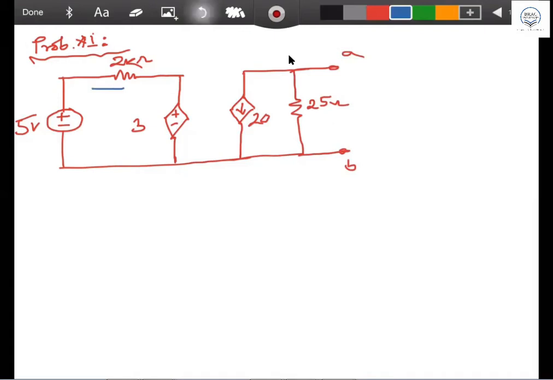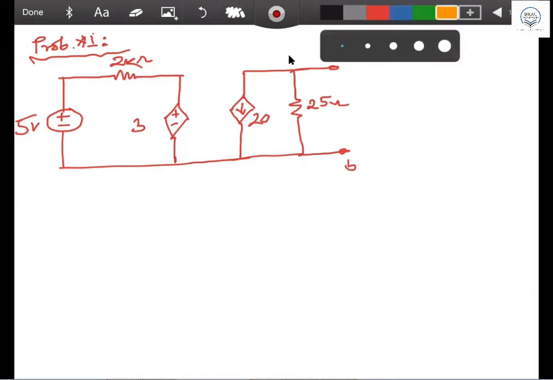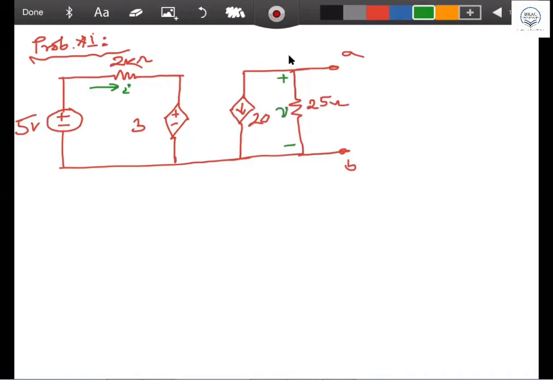I'm writing here, this is I, and this is the voltage across this, plus minus, is a V. The V is the voltage.